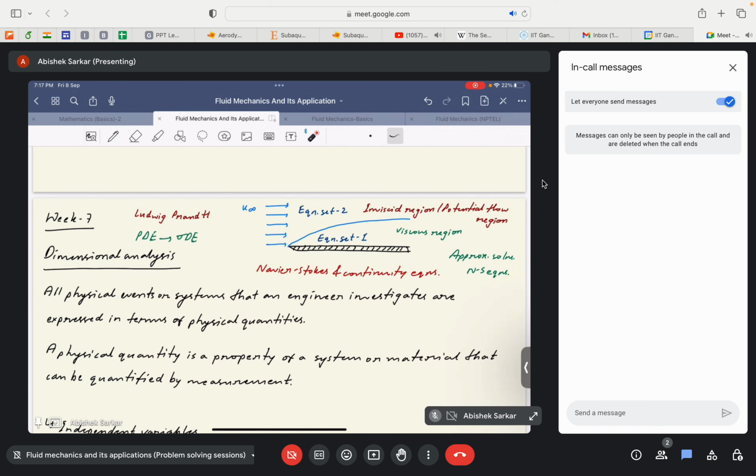But still, as I told you, from the perspective of a fluid mechanics researcher, having a fundamental idea of how a particular parameter changes in a flow field is good enough. It's good enough to get a proper conceptual understanding of whatever is happening in that particular kind of flow field.